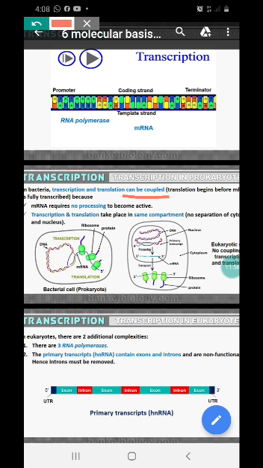Clear, children? Where does translation actually happen? Protein synthesis happens? Yes, you said it, in the ribosomes, right? Ribosome is the place where protein synthesis happens, which is there in the cytoplasm. So the mRNA should be transported to the cytoplasm. Clear?